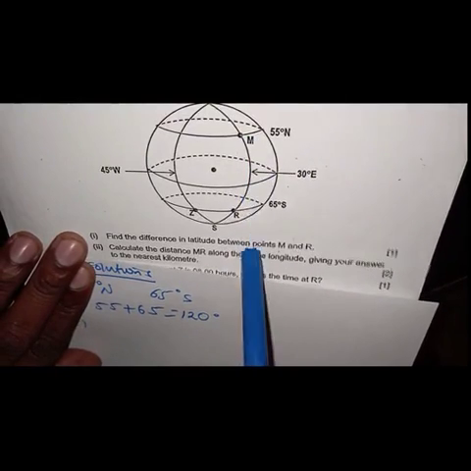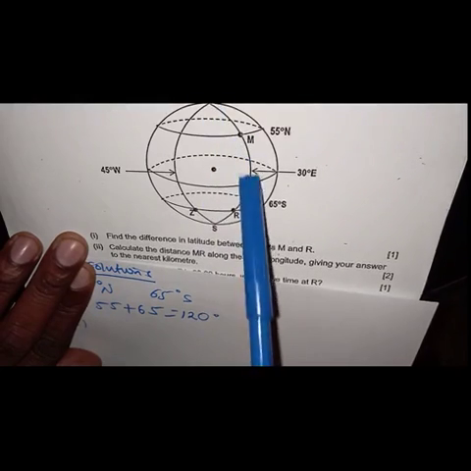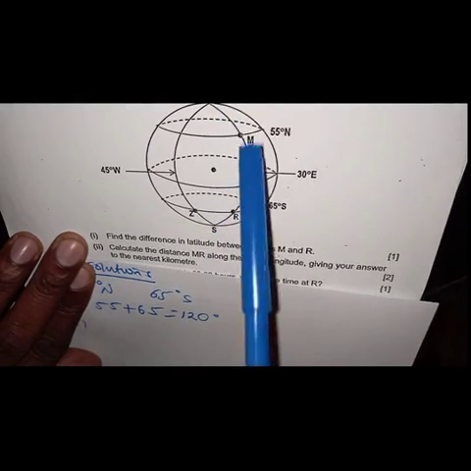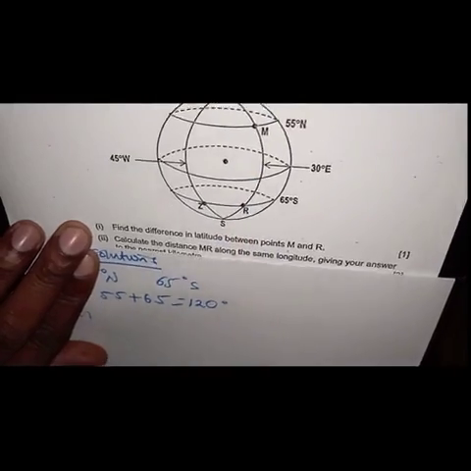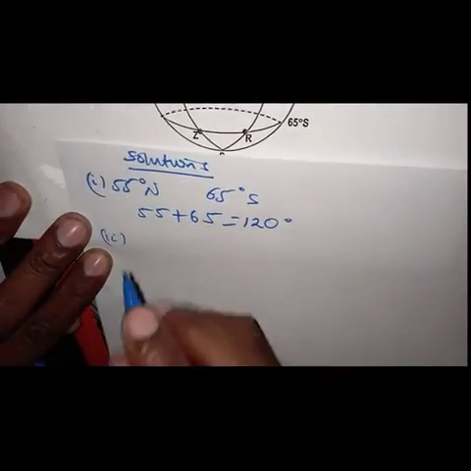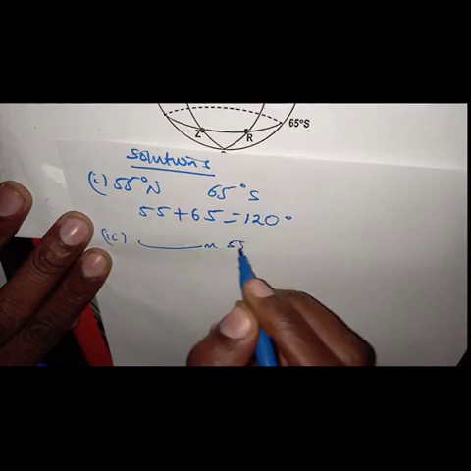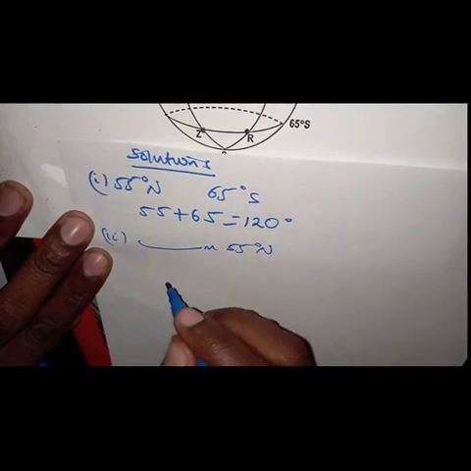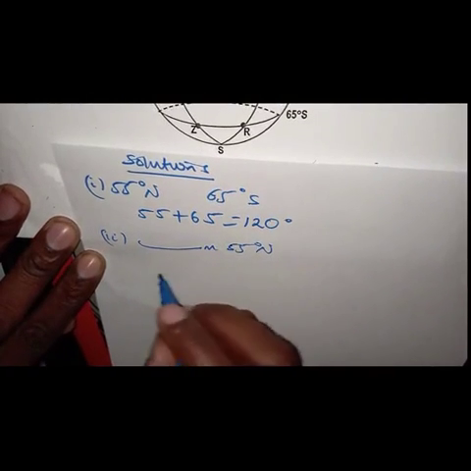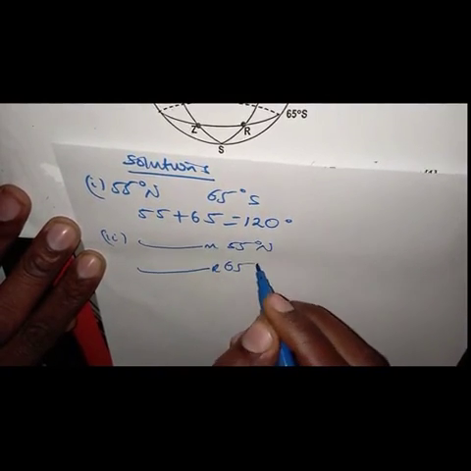So M and R are lying on the same longitude. This is a longitude. M and R, they lie on the same longitude. So look at where M and R are appearing. M is on this line, which is 55 degrees north, and R is on 65. This is R, 65 degrees south.